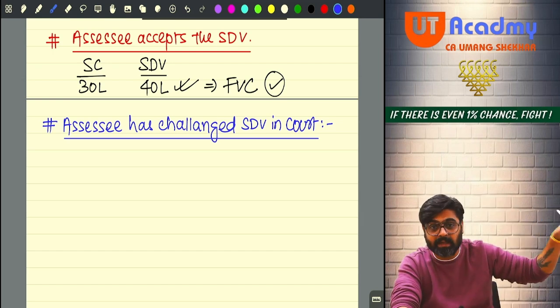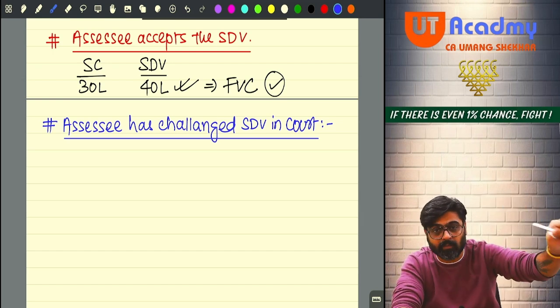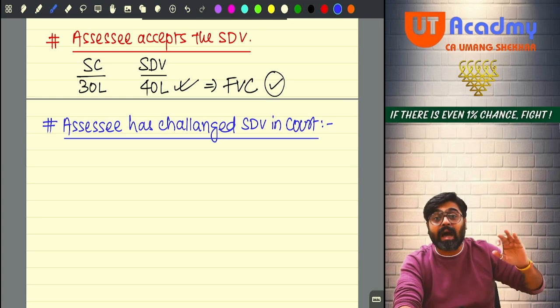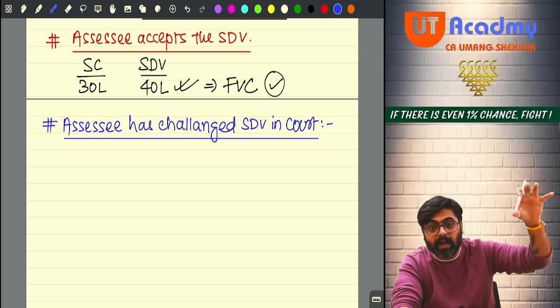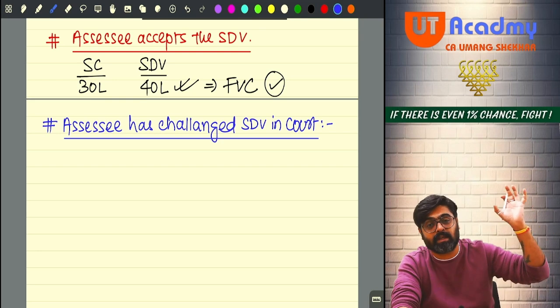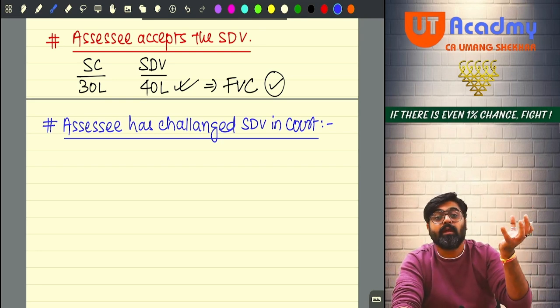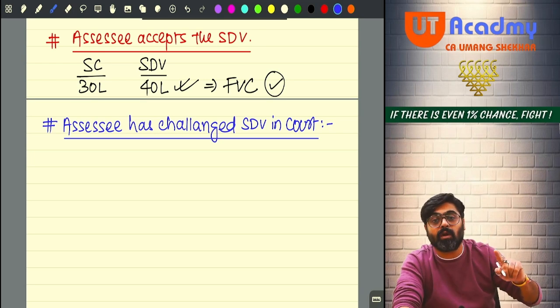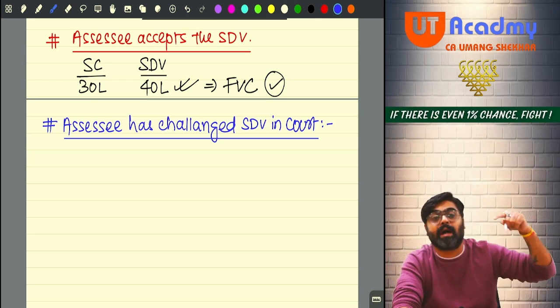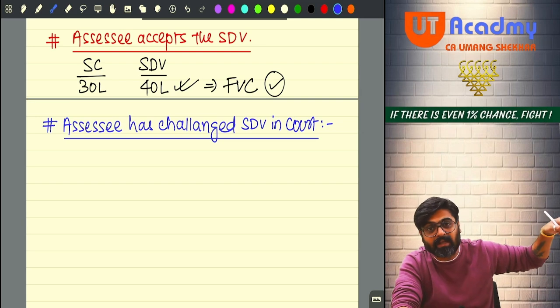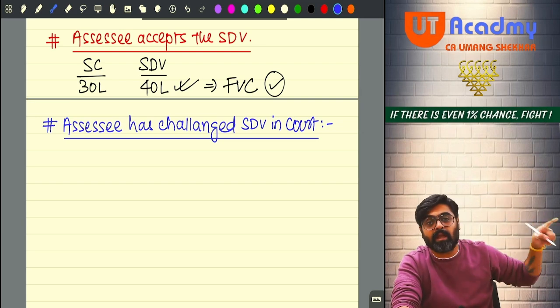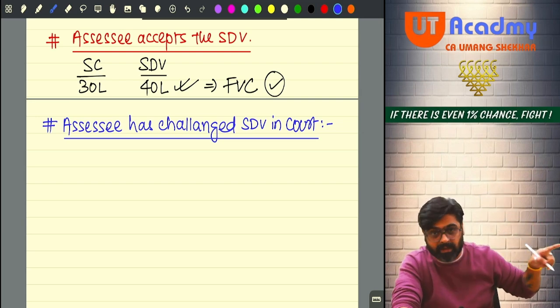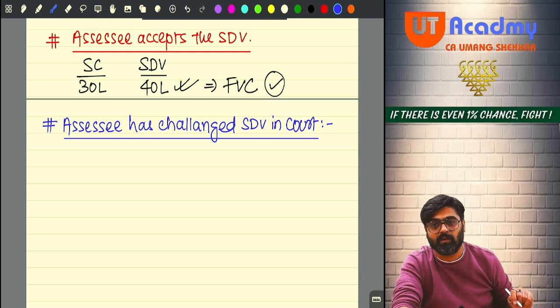He has been biased in determining the stamp duty value. He is unnecessarily charging higher stamp duty by taking the higher stamp duty value of my property. So I don't want to pay higher stamp duty on the higher stamp duty value fixed by the registrar. Please court, tell him to correct or rectify the stamp duty value.